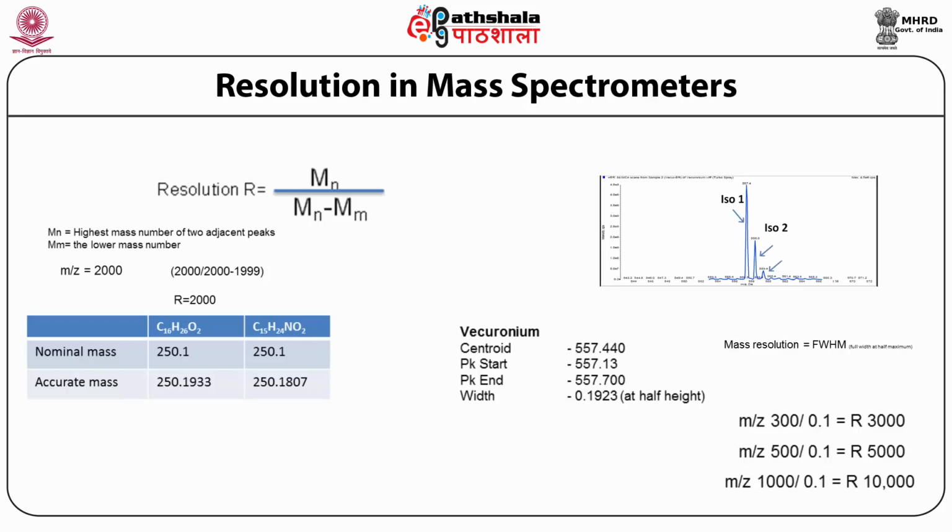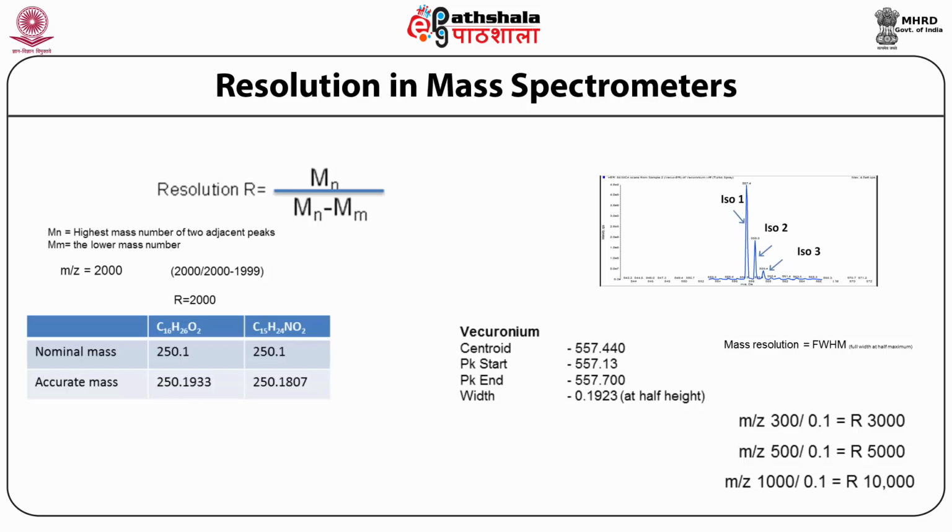When you subtract the peak start from the end, you get a value of 0.1923, and by the calculation of full width at half maximum, 557.44 divided by 0.1923 gives 2898, that is its mass resolution.